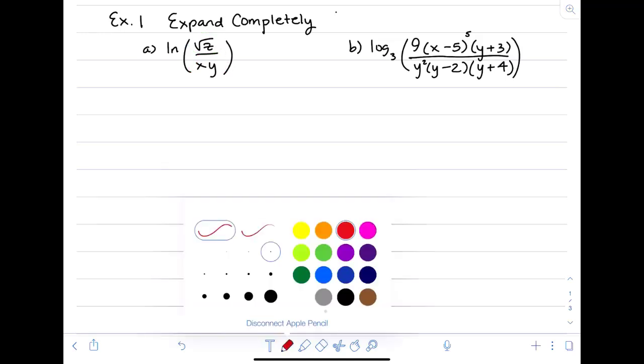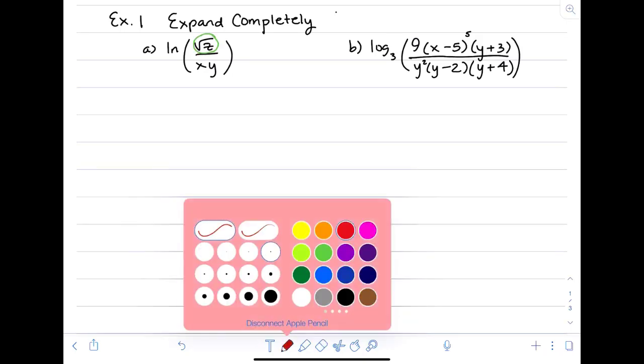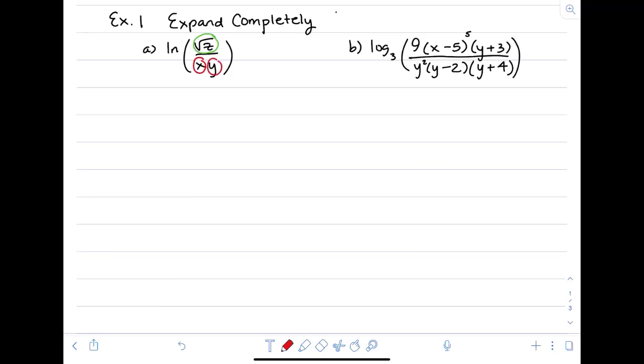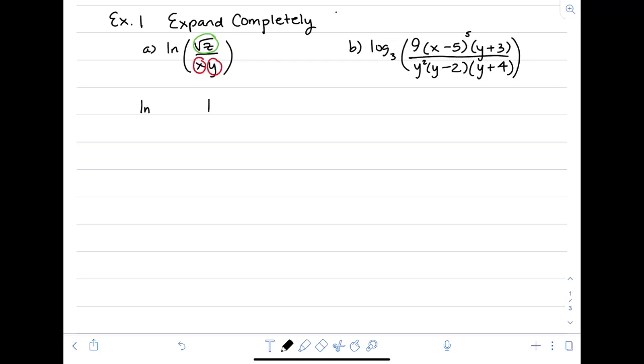In the numerator, there's just one term, root z. In the denominator, I have two terms, x and y. So I know that there's going to be 3 total log terms, and it looks like 2 of them are going to be negative. What goes in the negative ones is x and y, and what goes in the positive one is the square root of z for a first step.